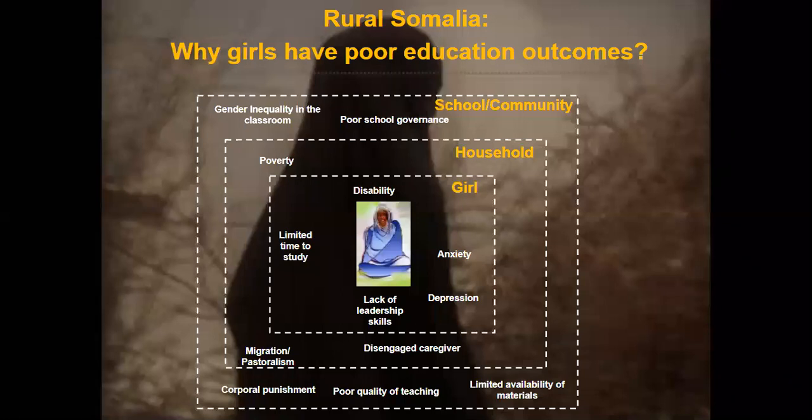But it's also related to a number of factors about the girls themselves and how they internalize the social and gender norms that they are exposed to, as well as how they are unequally affected by the circumstances they are facing, ultimately leading to anxiety and depression and reducing their self-confidence, their voice, and ability to engage in class. Next slide, please.